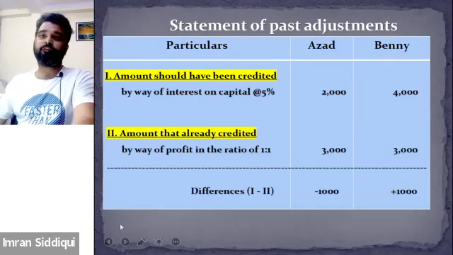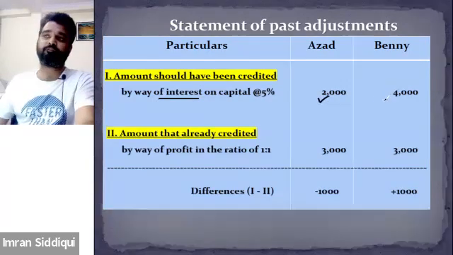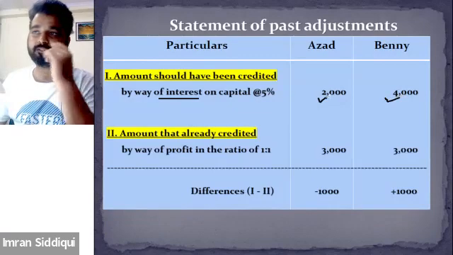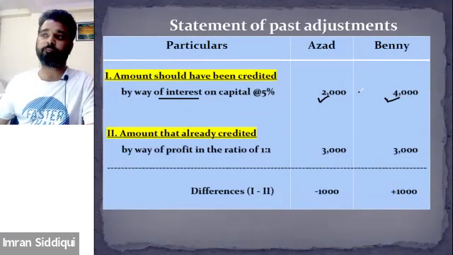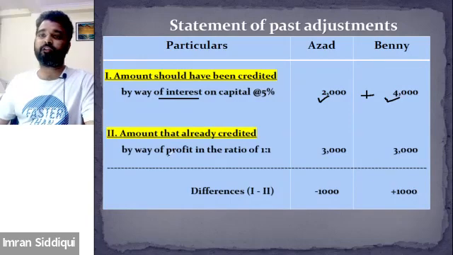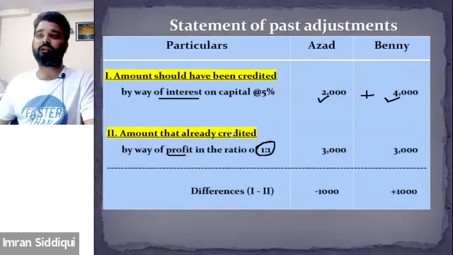So first of all, we will be writing the amount that should have been credited by way of interest, 2,000 to Azad's capital account and 4,000 to Benny's capital account.